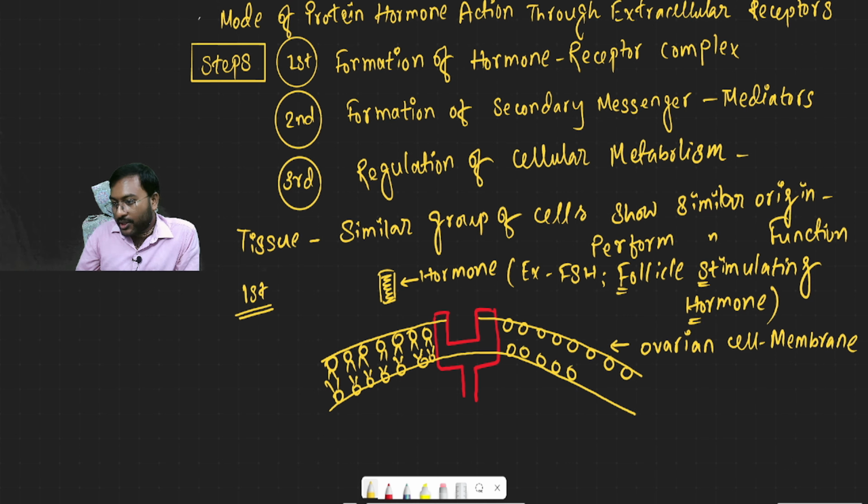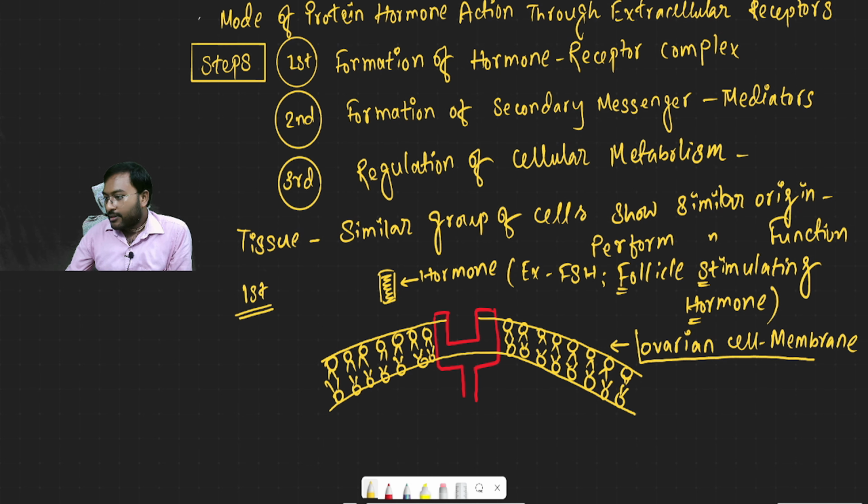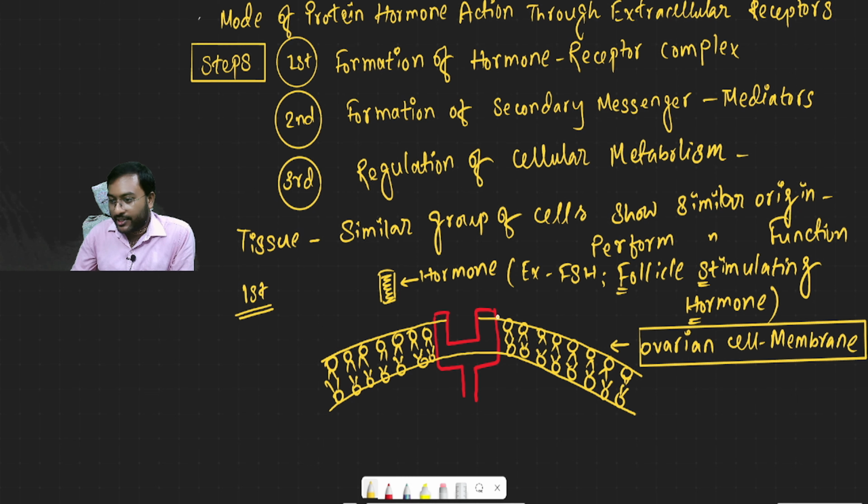So these are the bilayer structure, and this is the ovarian cell membrane. And these are the receptors. This red color structure is the hormone receptor.